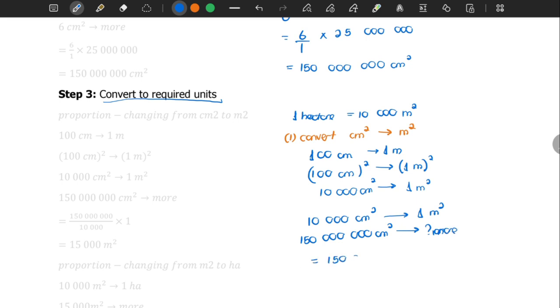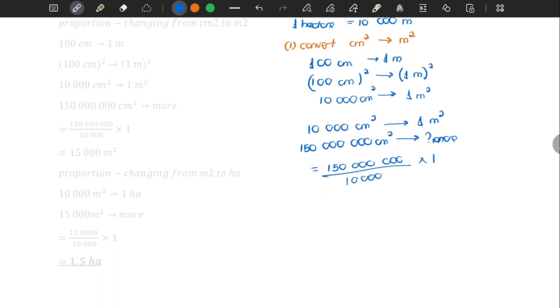It should be, and that becomes 15,000 meters squared, right?